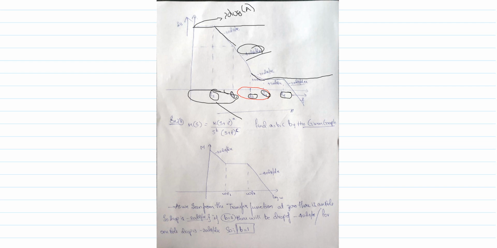After that, f4 is in black, so it must be a pole. If any pole exists, the slope is minus 20 to the previous one. The previous slope is constant, so 0 minus 20, and the slope is minus 20 dB per decade. Important point: whenever a pole exists, the slope is minus 20 dB per decade to the previous one; if any zero exists, plus 20 dB per decade to the previous one, starting from a constant slope, and the initial point is the open loop gain.